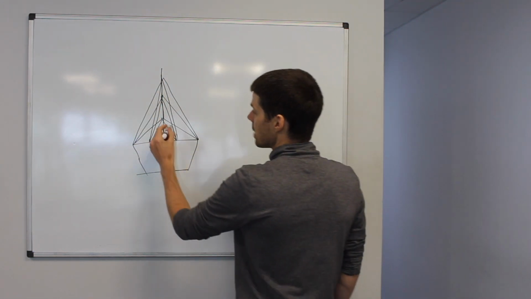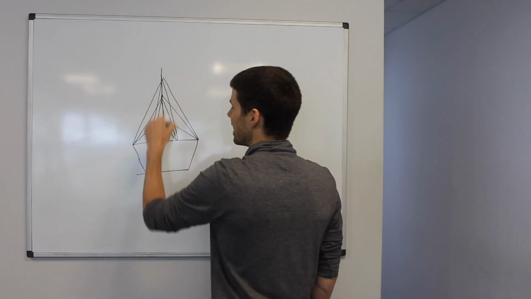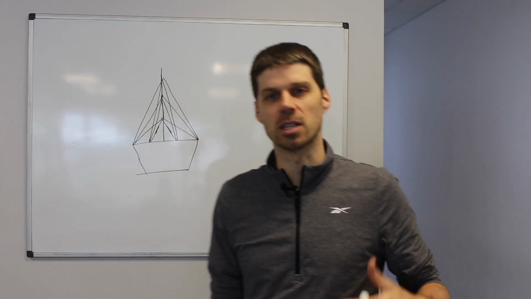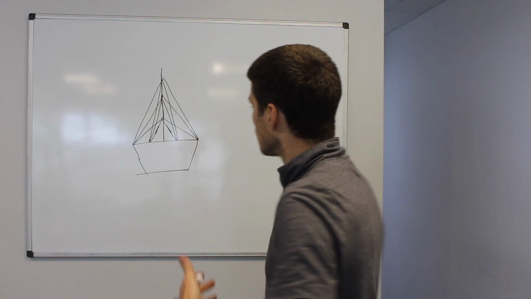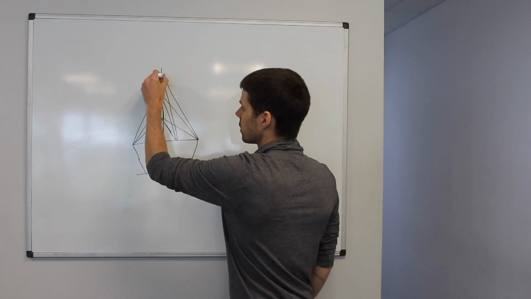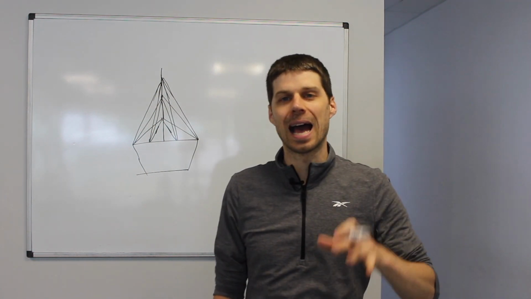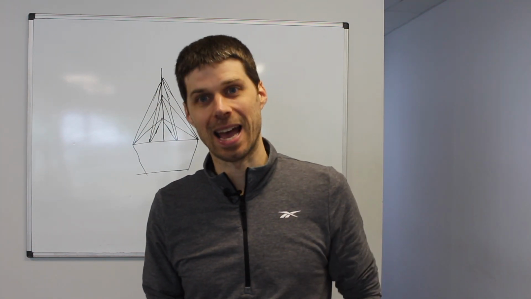Now, if we've got imbalance from one side to the other, it's going to create imbalances through the core. So what we need to be able to do is optimize every single one of these guy wires and get them working as best together as we can.